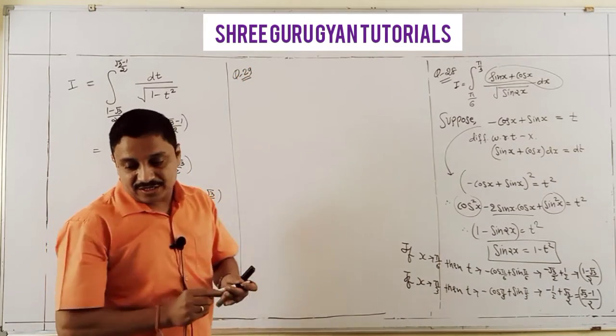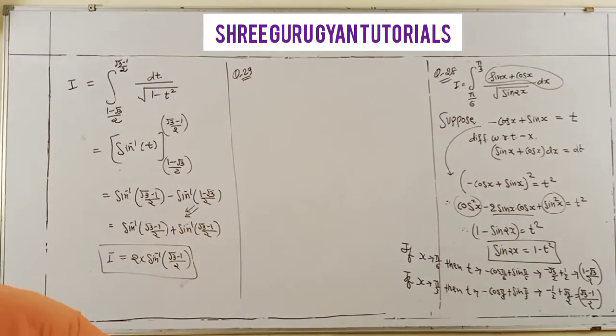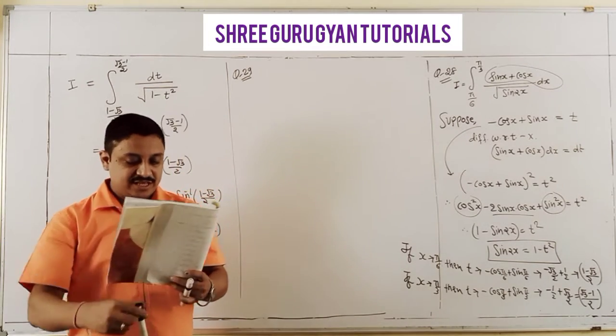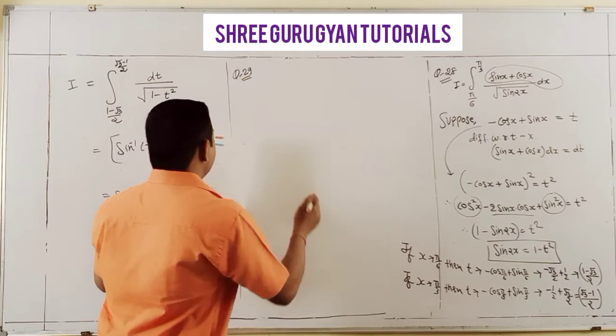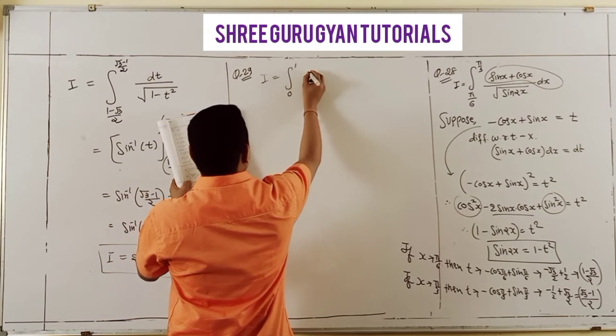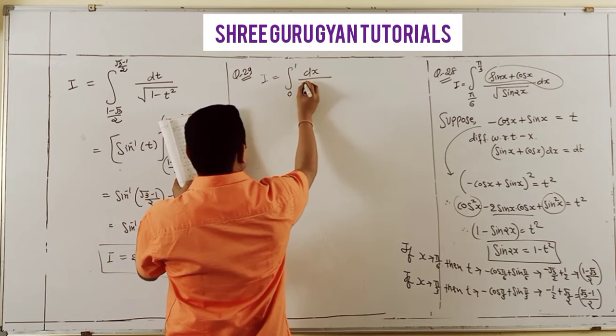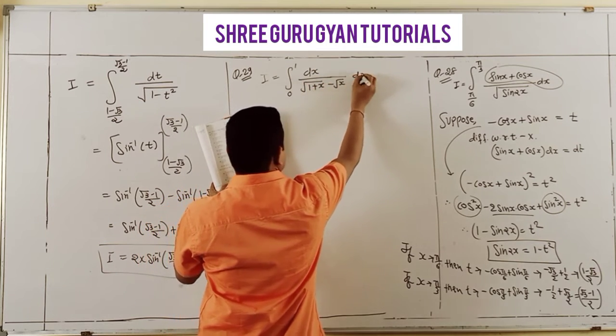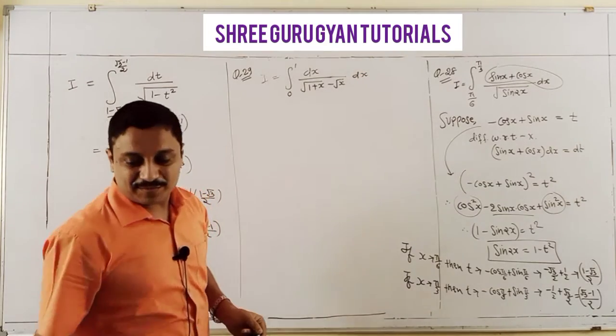Similarly, I am going ahead slowly in this question, number 29. Yes, it's a very easy sum. Integration from 0 to 1 of dx by 1 plus x minus root x. Very simple.